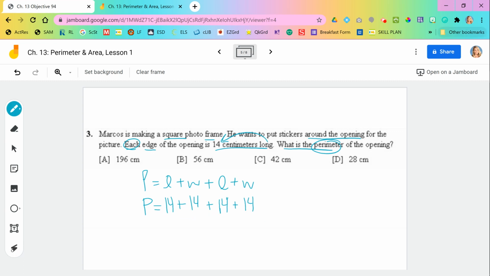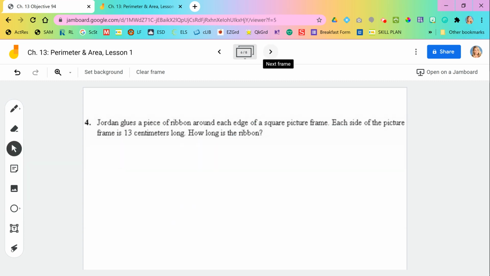Now, I know that I have my addition right here, but honestly, I would come over to the side and stack it and multiply. 4 times 4 is 16. 4 times 1 is 4, plus 1 is 5. So my perimeter is 56. I'm going to check my units. 56 centimeters. And remember, with perimeter, I do not use square units. Okay? So, moving on to the next one.